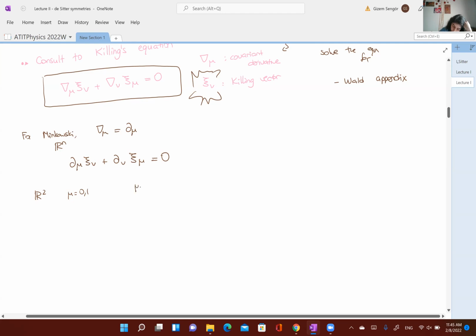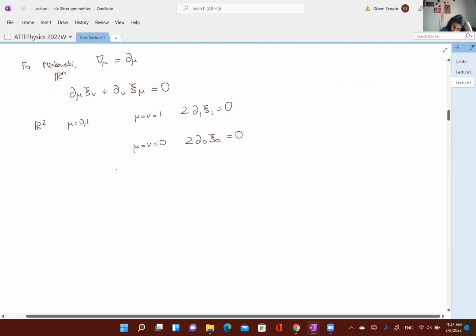You can set mu equals 0, and you can take mu equals 0, mu equals 1, or the other way around, but it's basically the same equation.